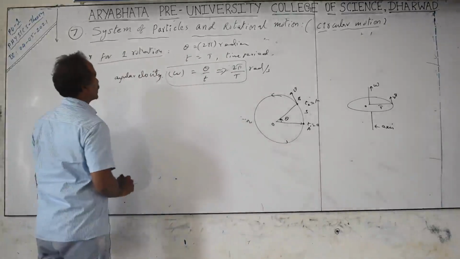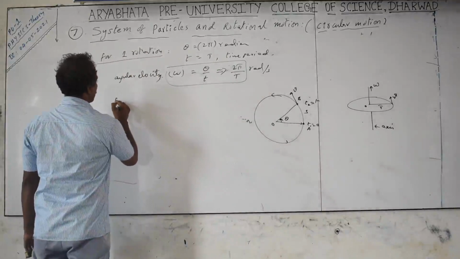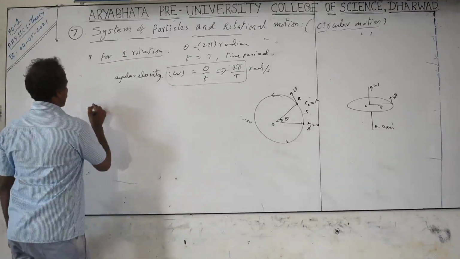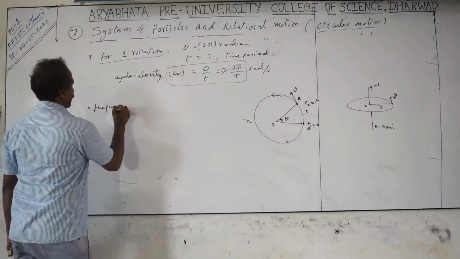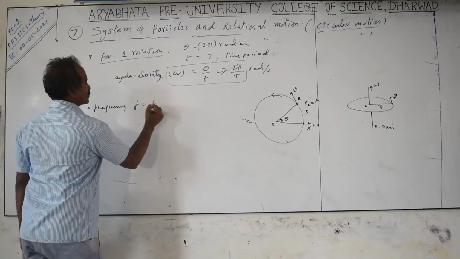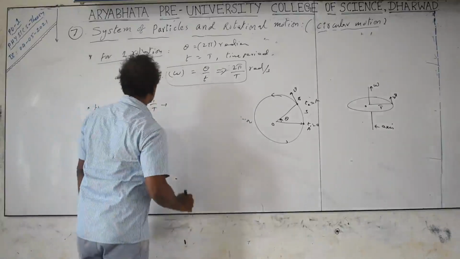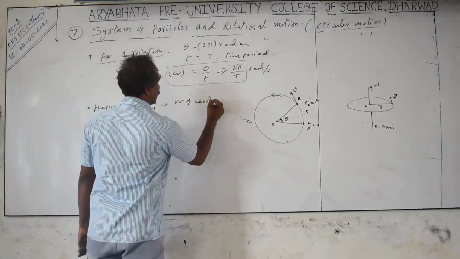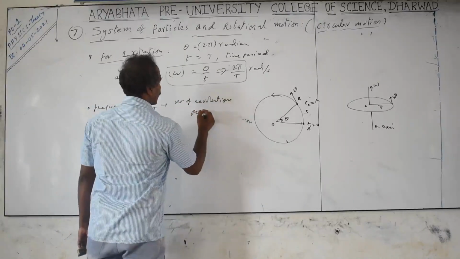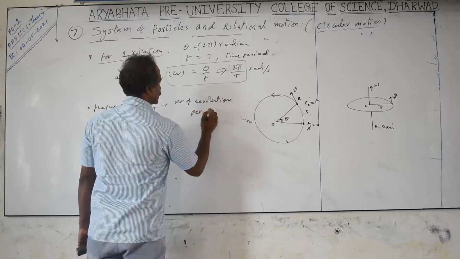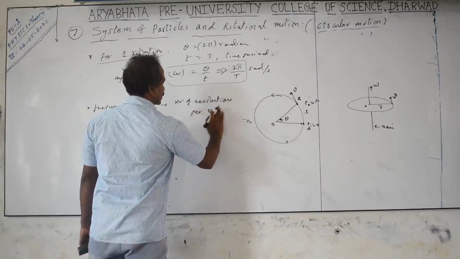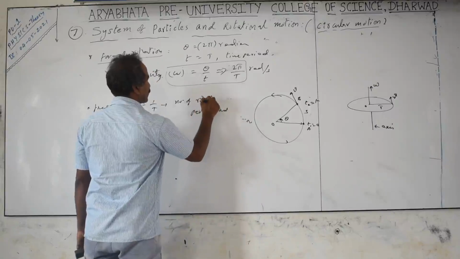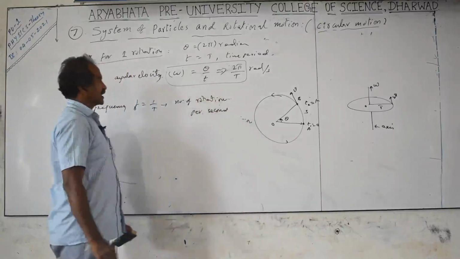And 1 by time period is called the frequency. Frequency f is equal to 1 by time period, which is the number of revolutions or rotations per second.